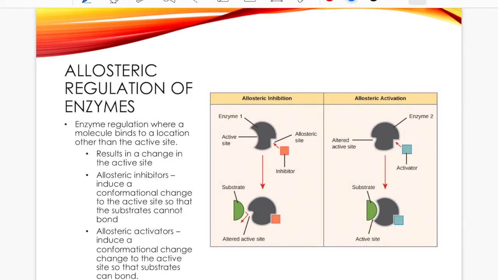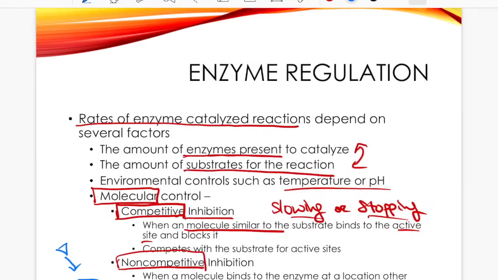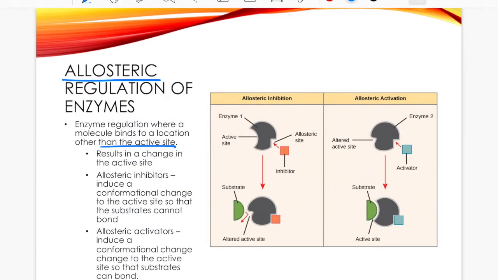All right. There's another type of enzyme regulation called allosteric regulation, and that is when a molecule binds to a location other than the active site, similar to non-competitive inhibition. But instead of blocking the active site, like we talked about with non-competitive inhibition right here, it actually changes the active site. And it's going to change the active site in one of two ways.